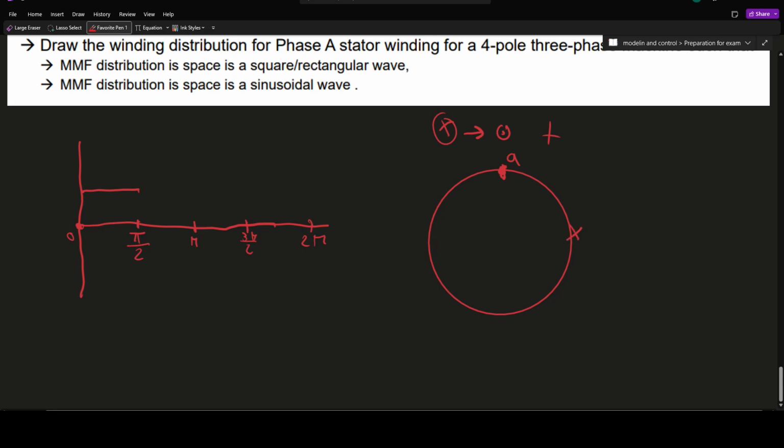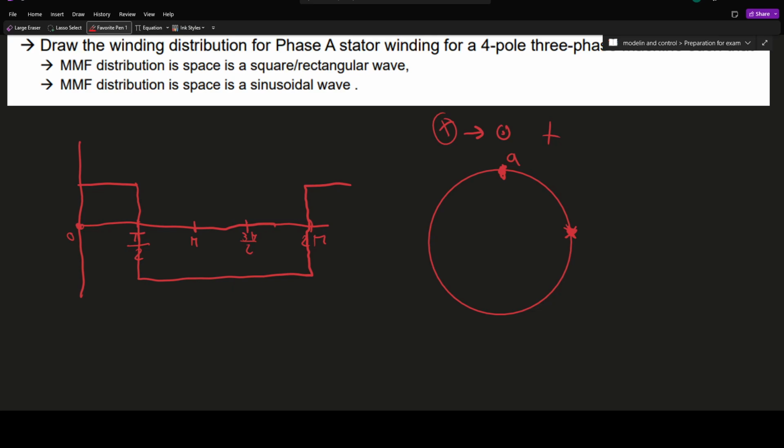If we have a cross at 0 and a dot at pi over 2, then from cross to dot is positive, so from 0 to pi over 2 we are going to have positive MMF right here. Now from dot to cross, so from pi over 2 to 2 pi, the MMF is going to be negative. Okay, now we're talking.